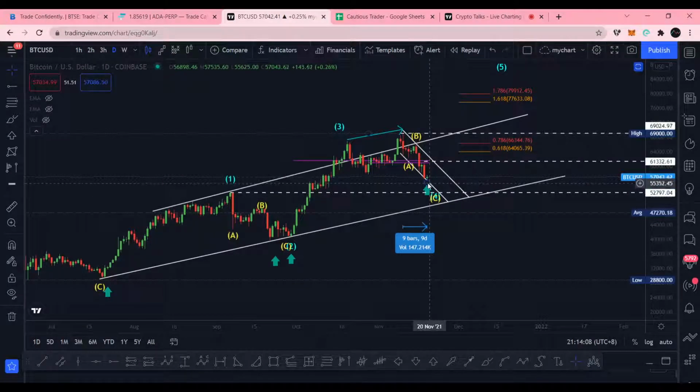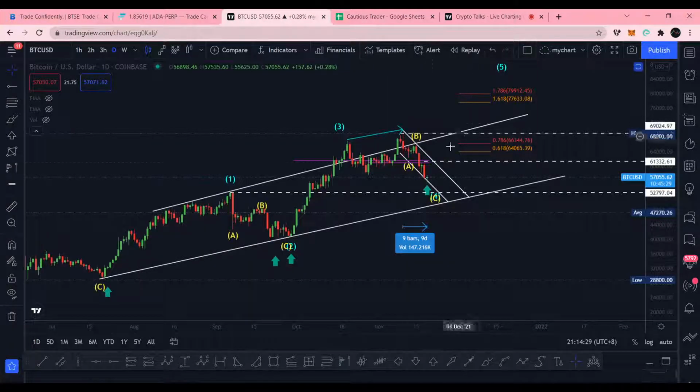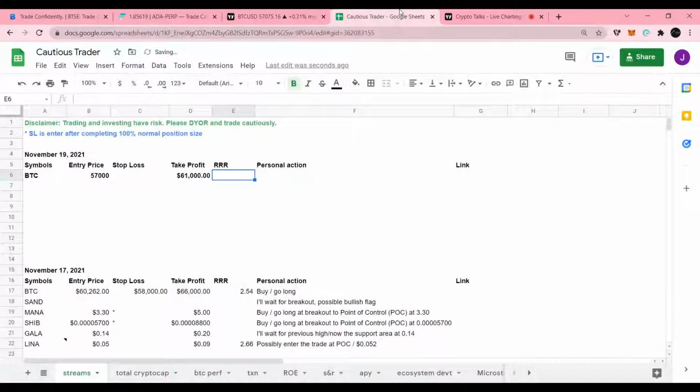So what's the lowest price now? It's already 55.6. So what we'll do is BTC at 57. Stop loss, I'll just leave it blank. TP at 61 because I'm expecting a possible rejection here. But if it breaks this downtrend resistance, another long on that area.